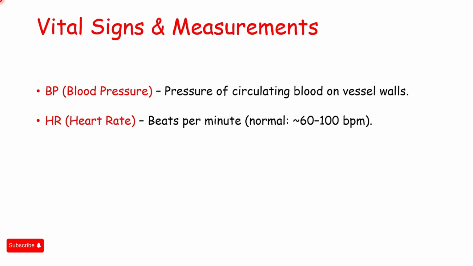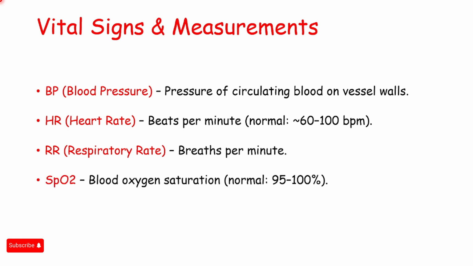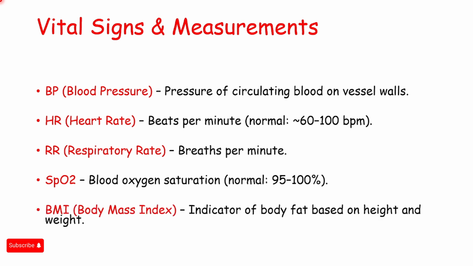Normal heart rate is 60 to 100 beats per minute. Respiratory rate means breaths per minute. Partial pressure of oxygen means blood oxygen saturation. The normal blood oxygen saturation is 95 to 100%. BMI means body mass index, indicator of body fat based on height and weight.